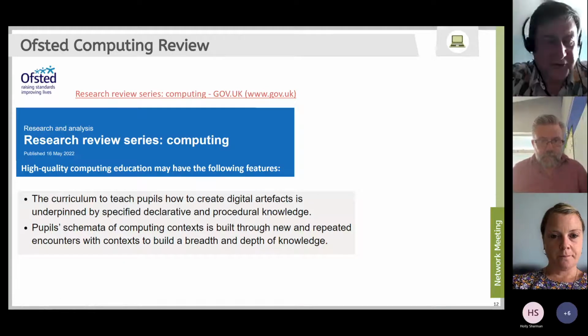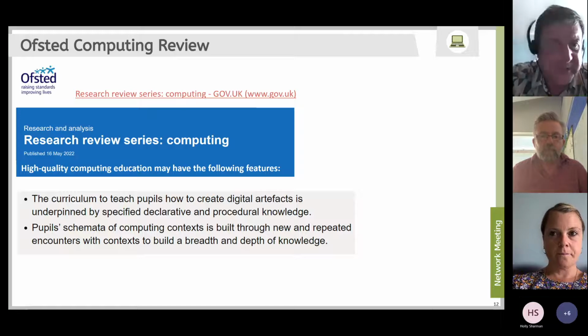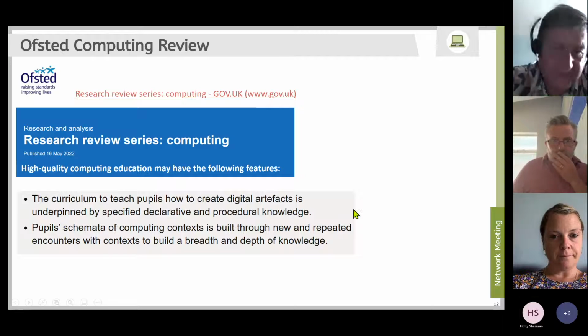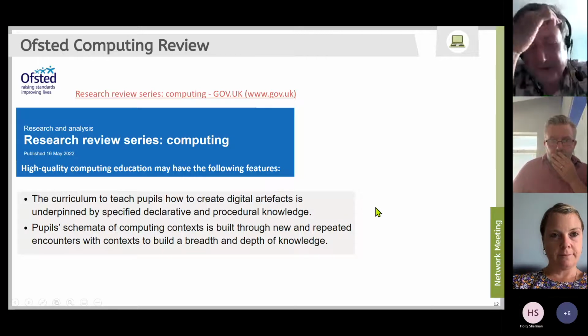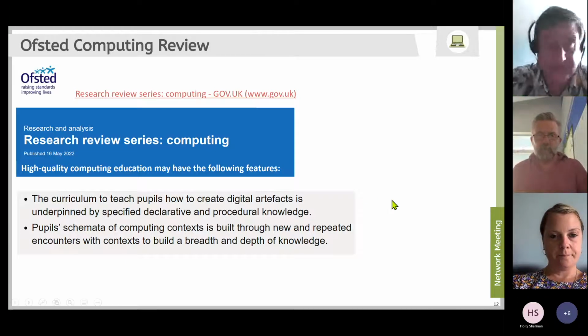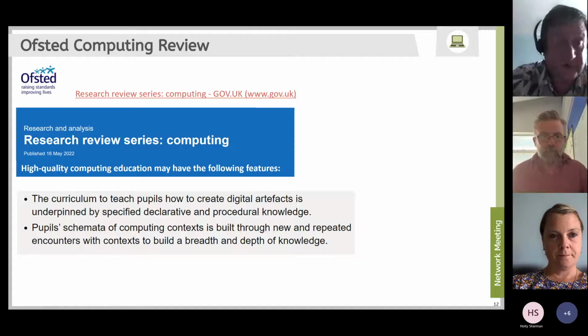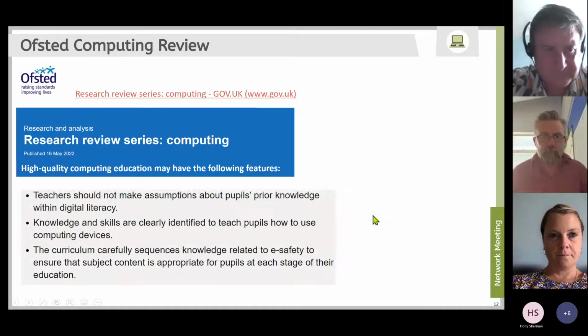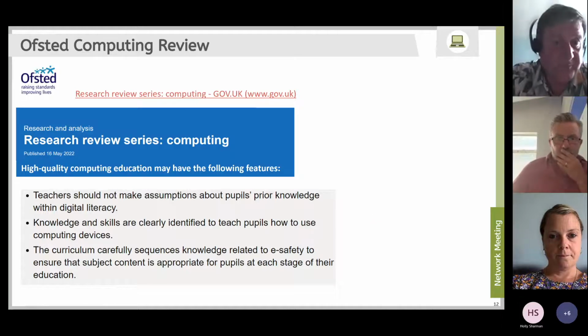And then when it comes on to the information technology bits, it's creating digital artifacts underpinned by the knowledge of what they're doing, developing the schemata, and that's one of the strengths of the Teach Computing curriculum, in a way, that the way it builds up. I'm not saying that Purple Mash and Rising Stars don't. I'm just not quite so familiar with those particular schemes, but I do know they're in use across United Learning. And it's about making sure you don't make assumptions about prior knowledge.